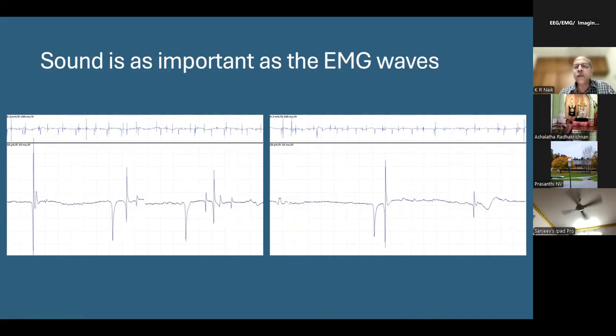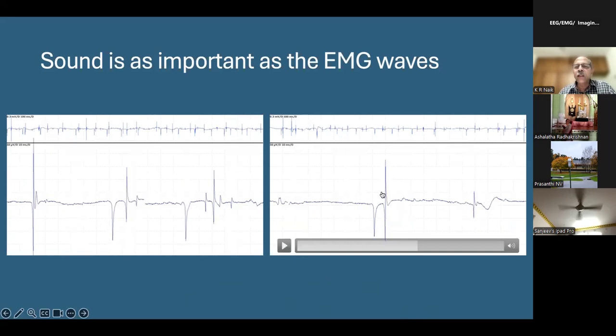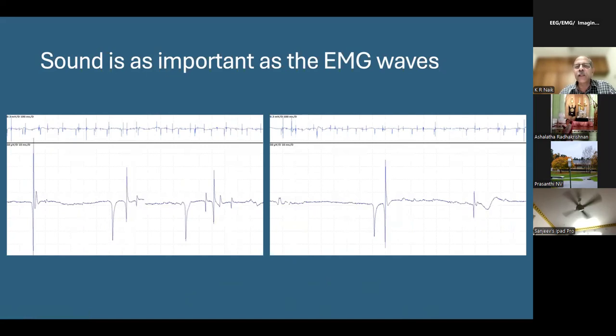The firing pattern becomes difficult. Sometimes there are overlapping signals, and what looks like a fibrillation may not be a fibrillation, it may be an end plate spike. So it's always better to have EMG sounds along with the video of the recording.